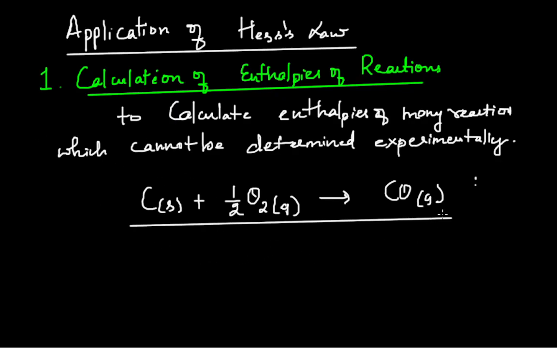Since we do not know this, let me call it delta H of the reaction of carbon monoxide.